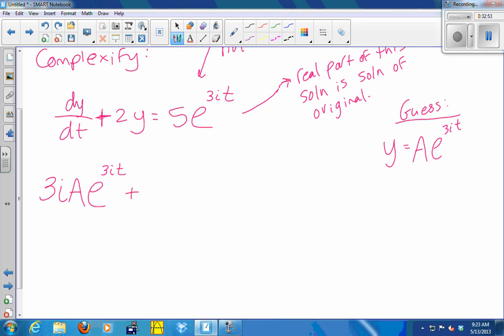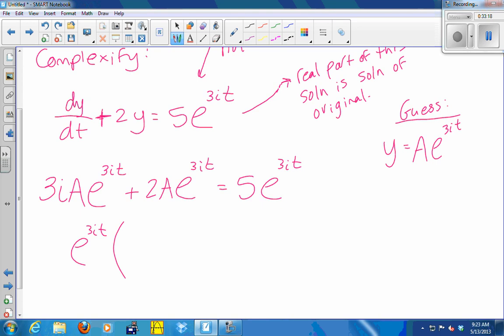And then plus 2y, so that would be 2a e to the 3it, trying to force this to equal 5e to the 3it. So I can combine these two, factor out the e to the 3it. I'm trying to equate the coefficients, right?